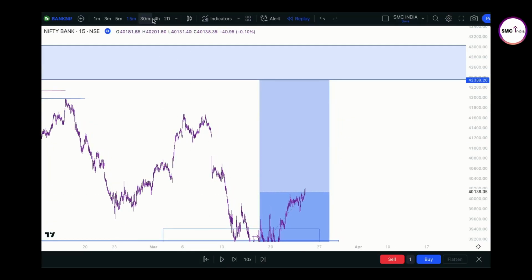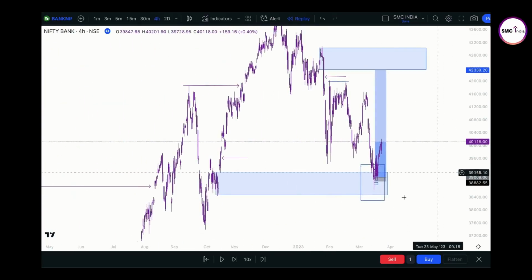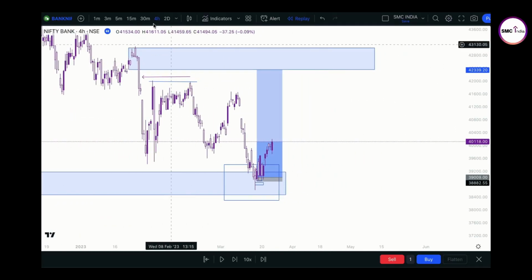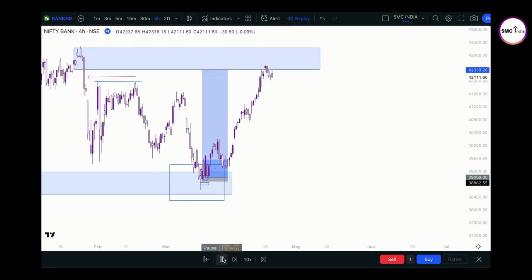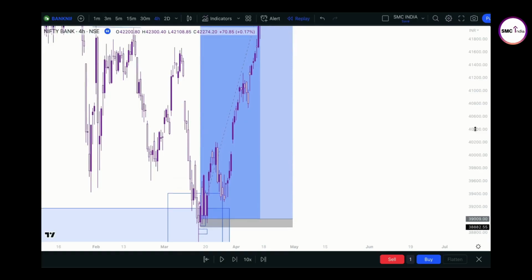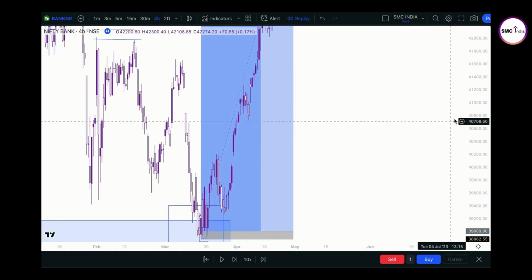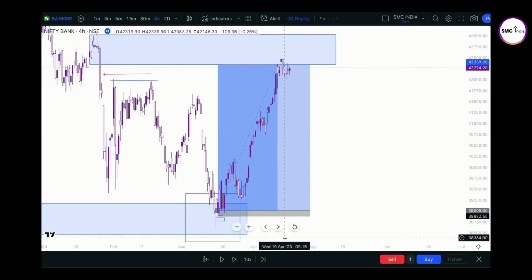So if I'm going to a higher time frame, say 4 hour, and this is how the trade plays out. So this is how SMC trades play out in Indian markets and how you could trade SMC in Bank Nifty.